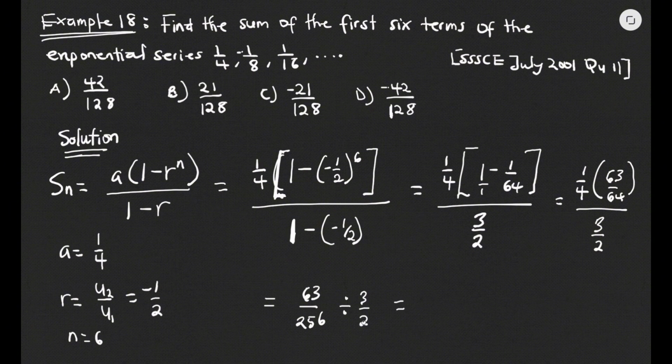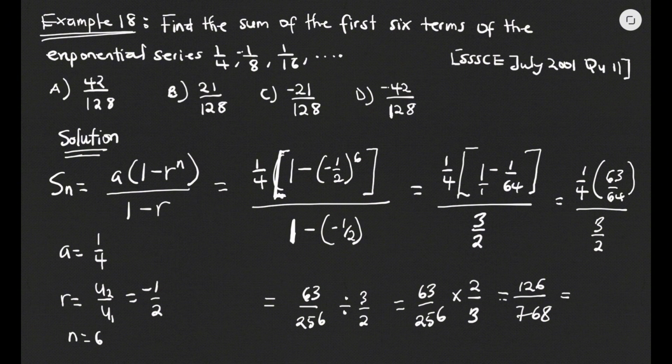From here I can reciprocate this and change the division sign to multiplication. So I have 63 on 256 multiplied by 2 on 3. Now from here you can do some cancellations, or you can just multiply and divide later like I did. So I multiply 63 by 2, that will give me 126, and 256 by 3, that will give me 768.